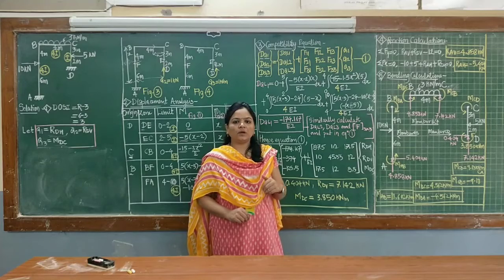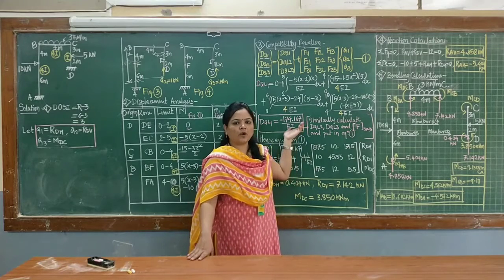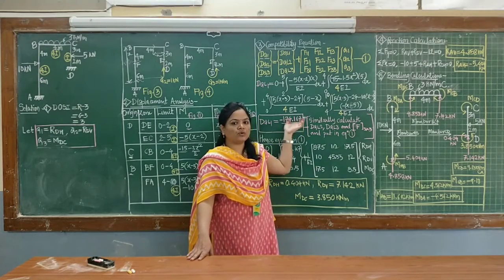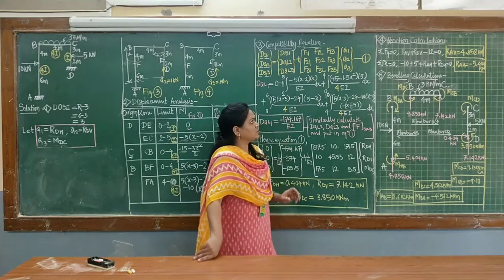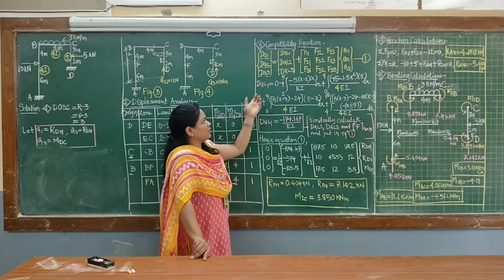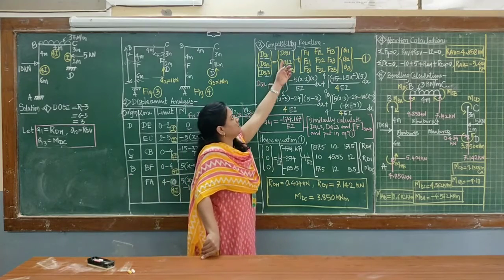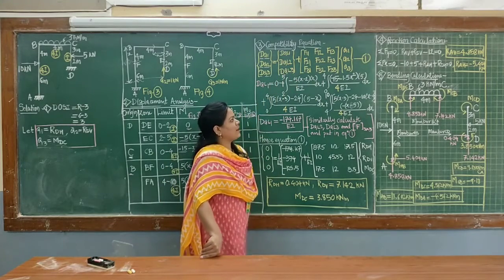So in order to determine those forces, we need the compatibility equation in terms of the force displacement relation. So this compatibility equation is written first. Then we'll calculate these parameters, dqL and the F matrix.